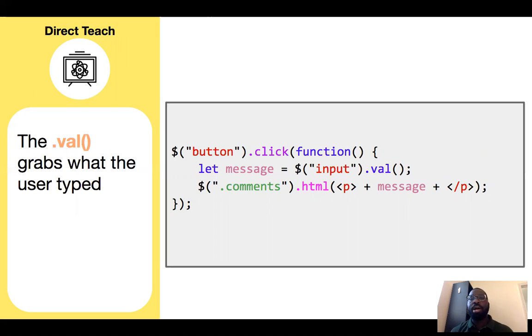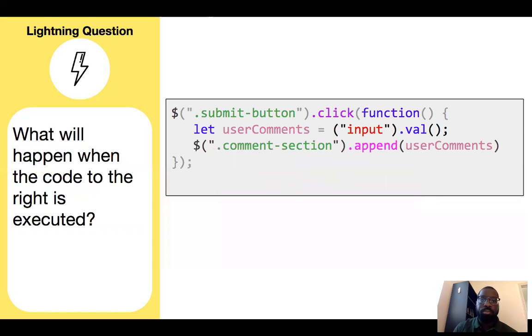So here, when any button element is clicked on the page, we'll save the value of the inputs on the page to this variable called message. And then we'll select any elements with the class of comments, and we'll change the HTML to have that message, right?